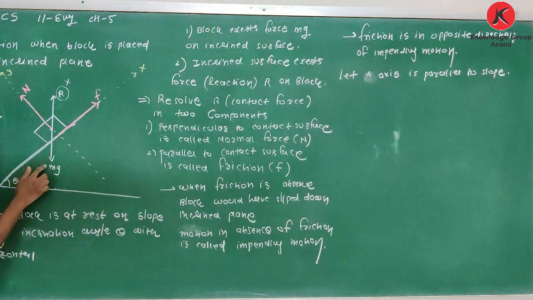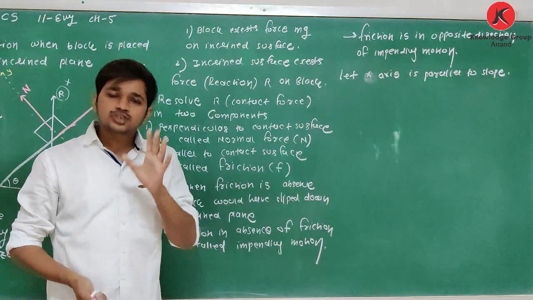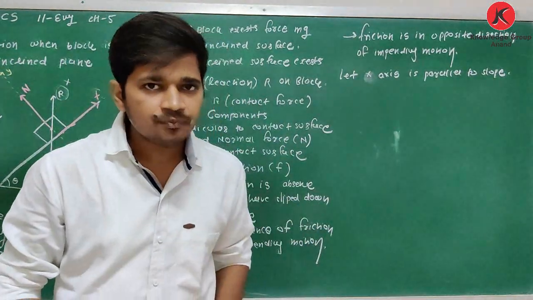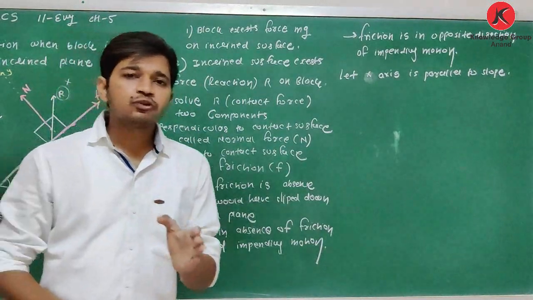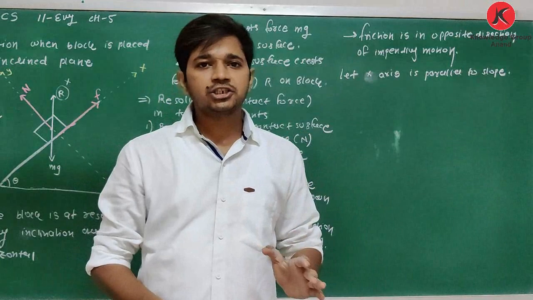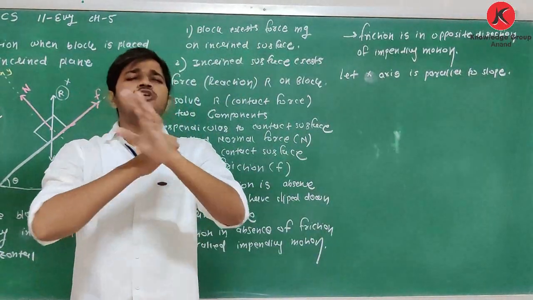But what about this mg? It is not in the x direction, it is not in the y direction. So remember students, if you are given a number of forces, identify which forces are in the x direction and which are in the y direction. You do not have to resolve such forces.